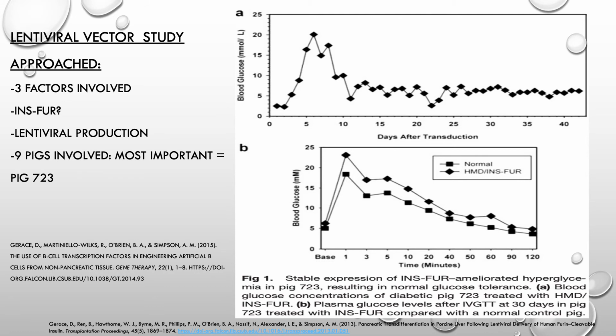They used this one pig, pig 723, because it was the only pig that had shown normal fasting blood glucose levels. And they wanted to approach this really fast.